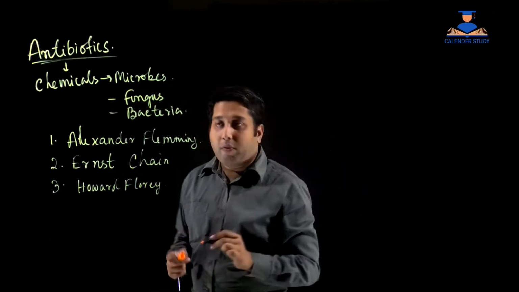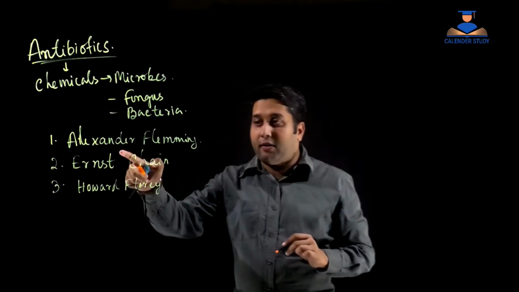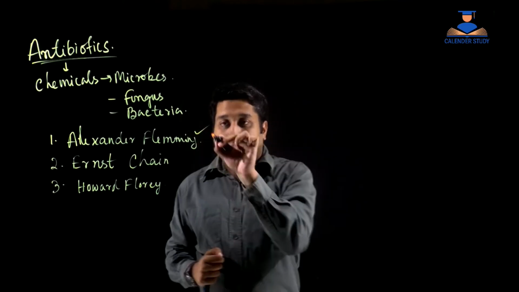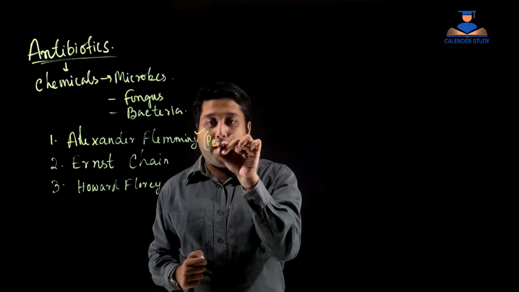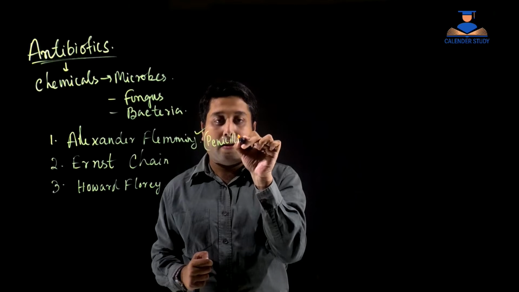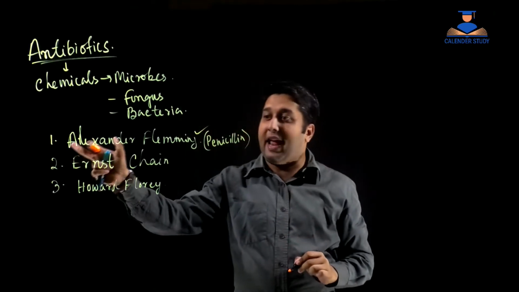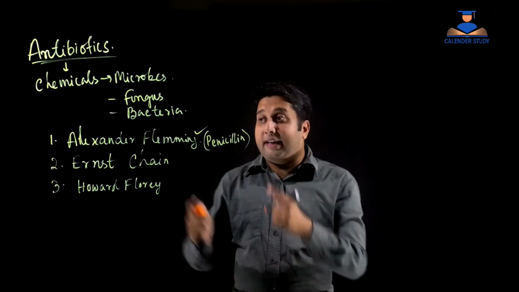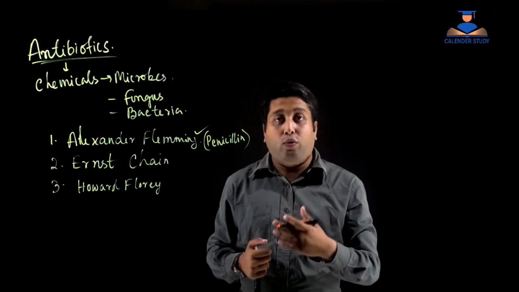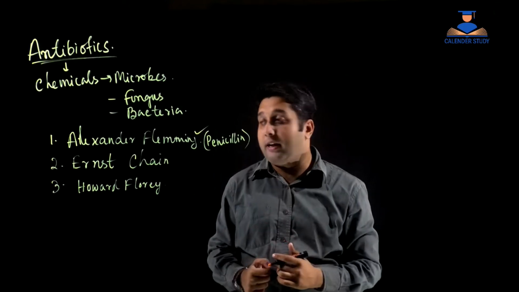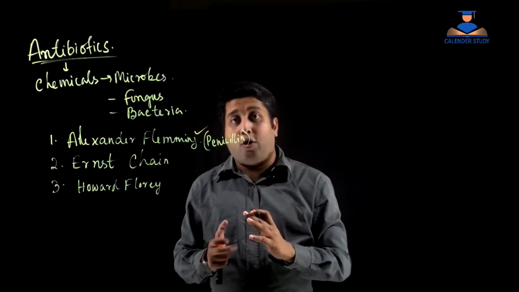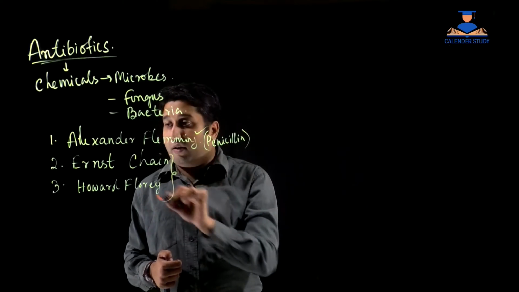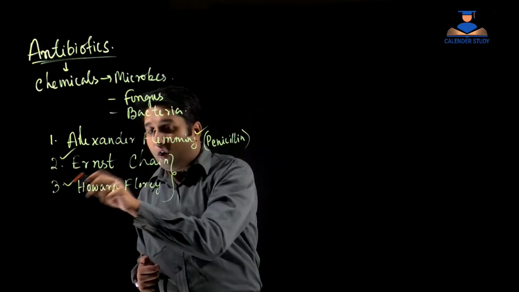We have to remember that Alexander Fleming accidentally discovered antibiotics, and the name of the antibiotic is penicillin. But he did not explain how the antibiotic functions. The mechanism of action was established by the study made by the scientists Ernest Chain and Howard Florey.